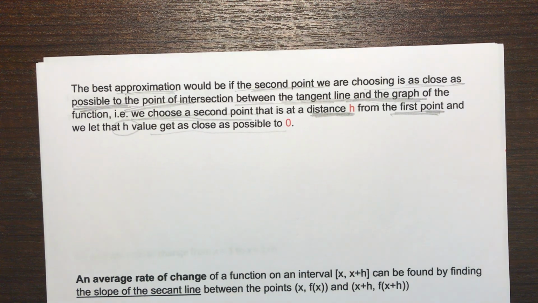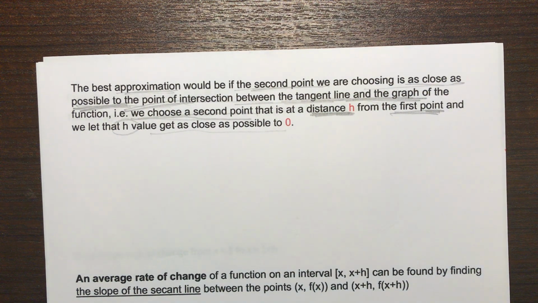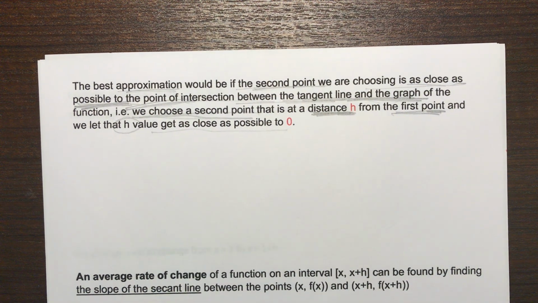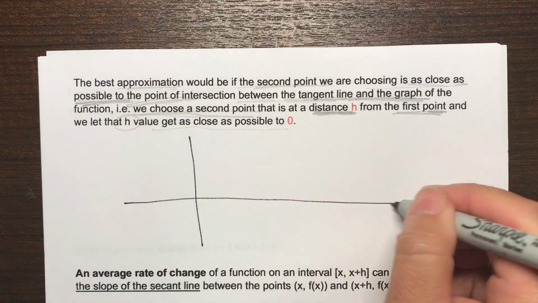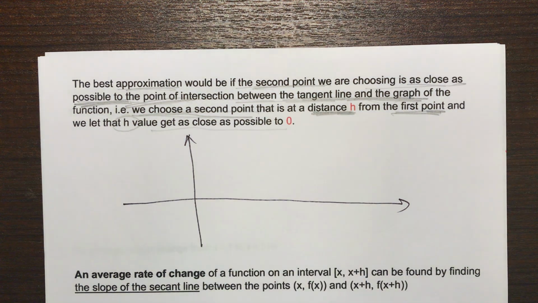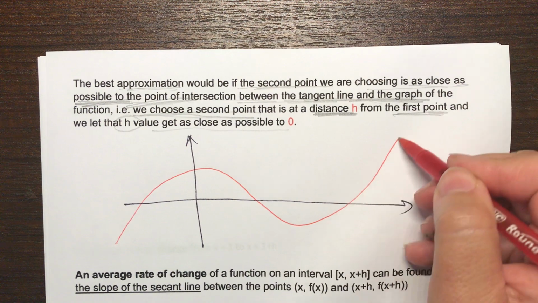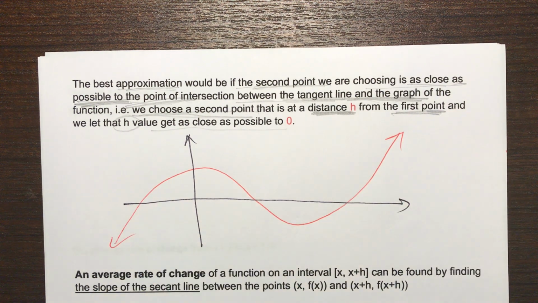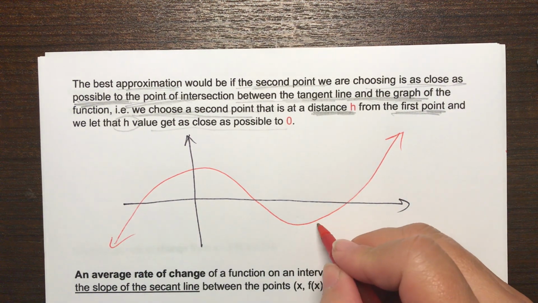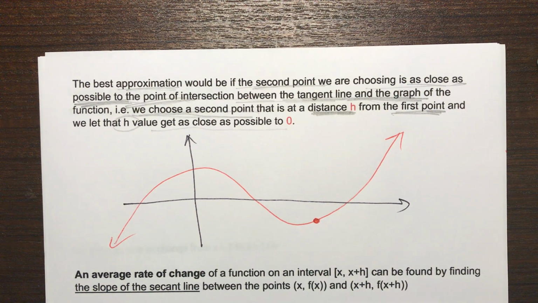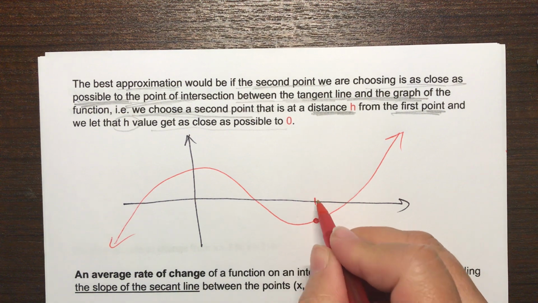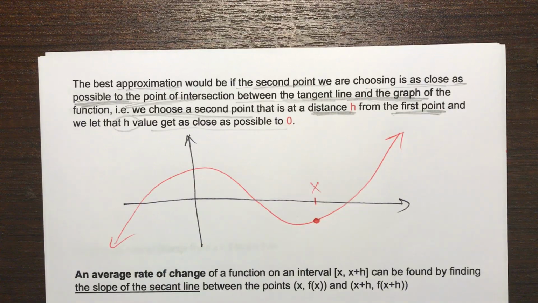Okay. So let me draw a picture for you to introduce this h. So again, one more time. Here's the graph of a function, whatever it is. And what we want to do is find the slope of the tangent line to this point of coordinates x.